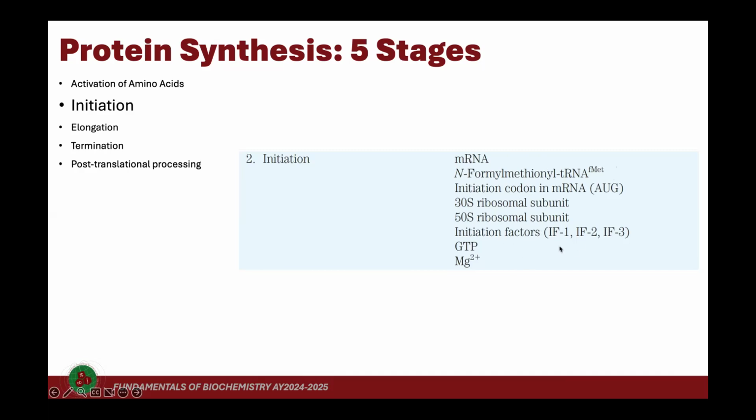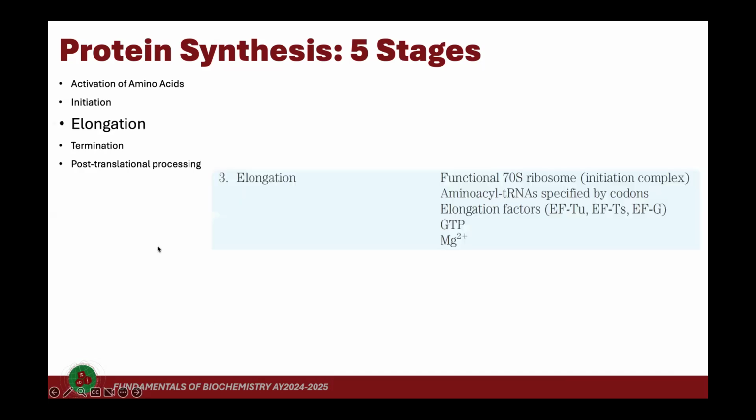Initiation factors. There are three initiation factors for prokaryotes. There are more for eukaryotes. This is also energy driven. So you need GTP instead of ATP, but it does the same function, providing energy to drive the reaction. And of course, magnesium ions.